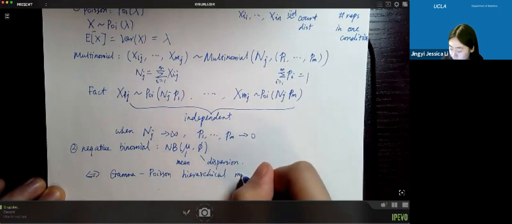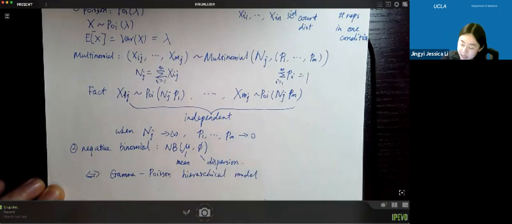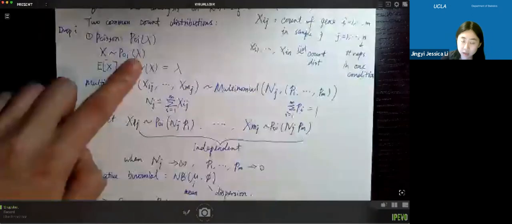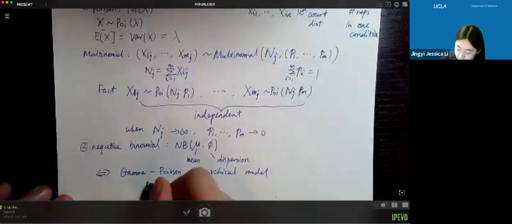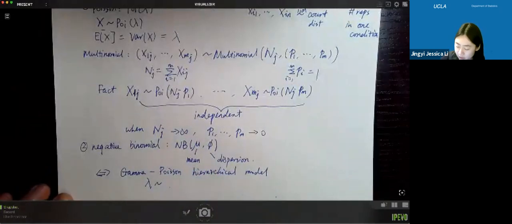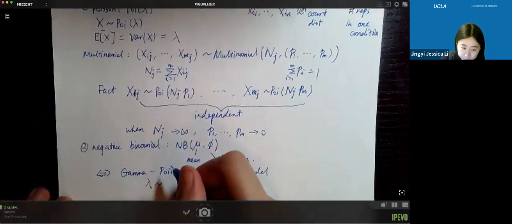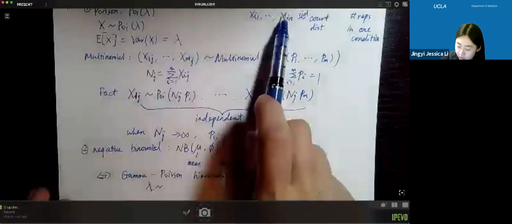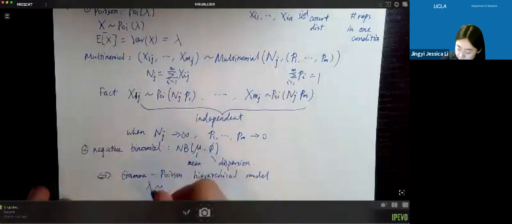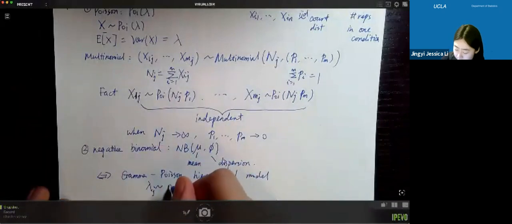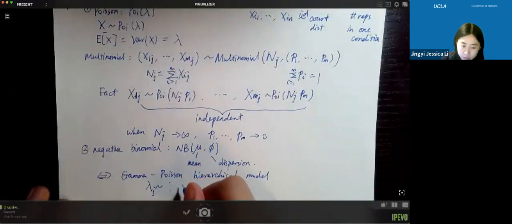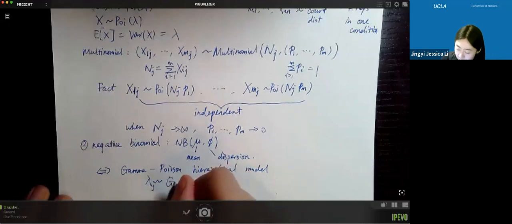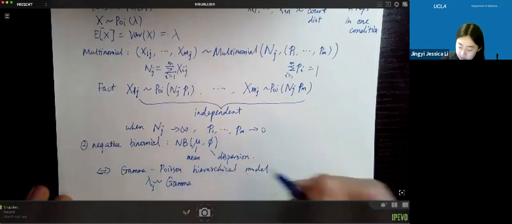In this hierarchical model, we consider the Poisson lambda to be a random variable itself. That means when I draw sample j, for gene i in sample j, lambda ij itself comes from another distribution. You may consider this to be the prior in the Bayesian setting.